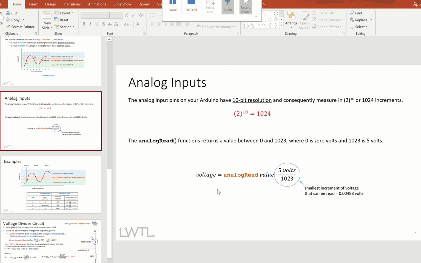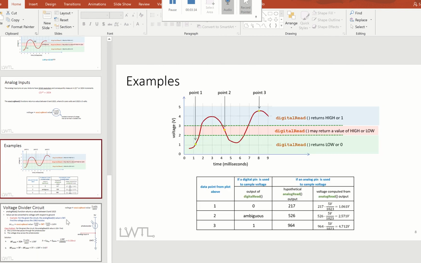Knowing that, we have this proportionality formula. If you want to figure out the voltage, you can use the analogRead value you get from Arduino. Because 5 volts corresponds to 1023, this analog read times this ratio is going to give us the voltage. So that's the formula you will be using.